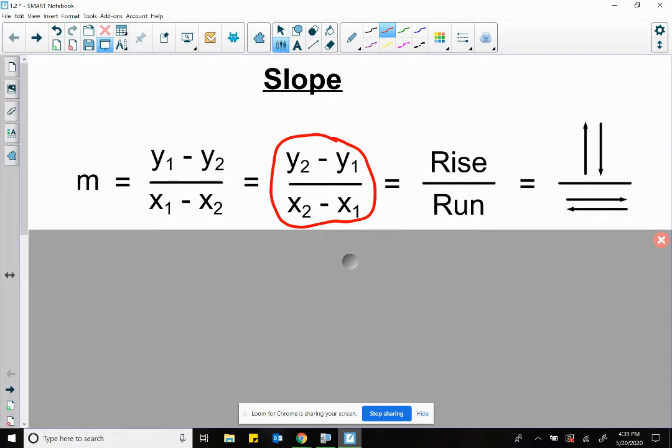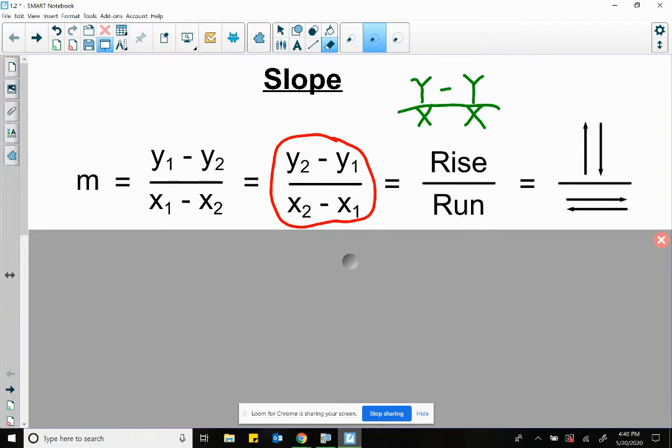Some people, when it comes to this formula, remembering slope, I got a great analogy months ago, that they call this martini glasses over a picnic table. That's how they remember slope. Because the y values look like martini glasses, and then the x values are the legs of the table.